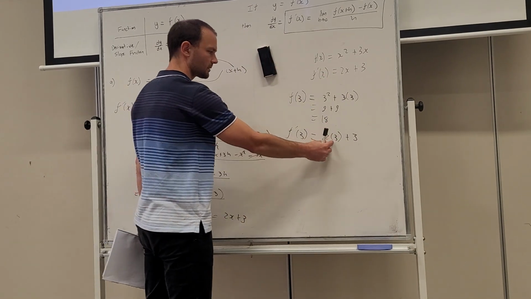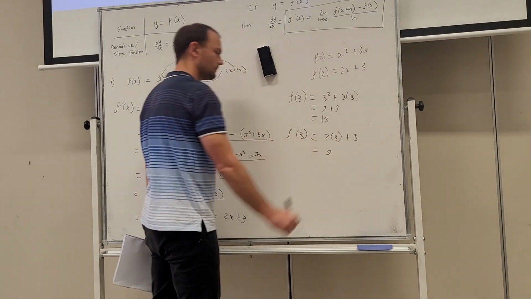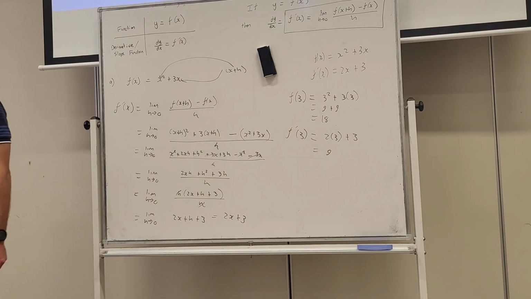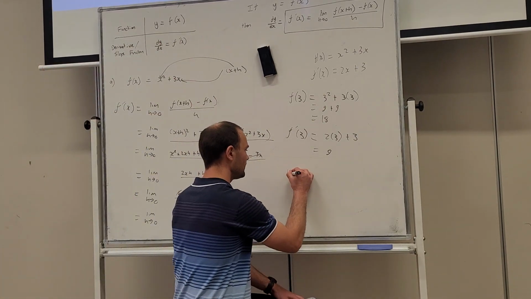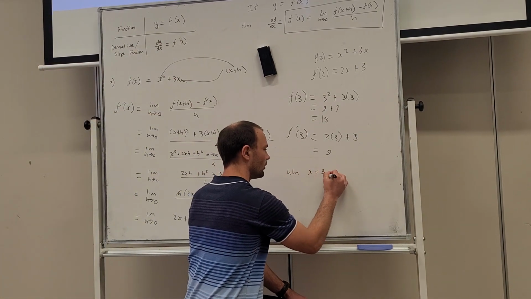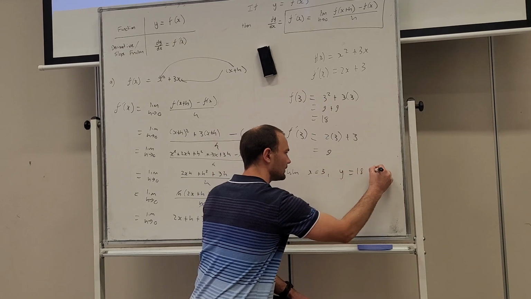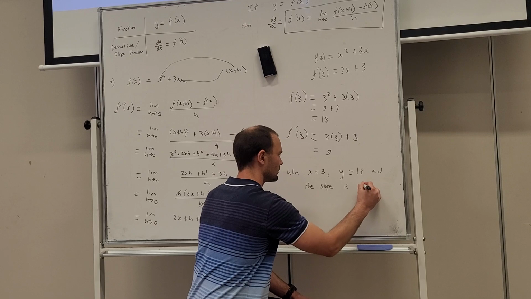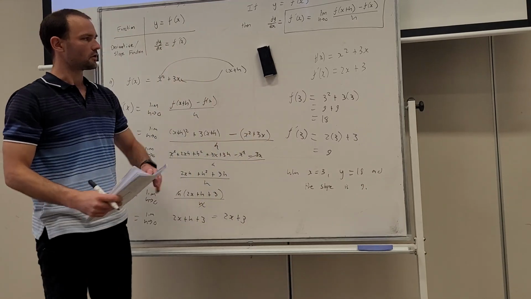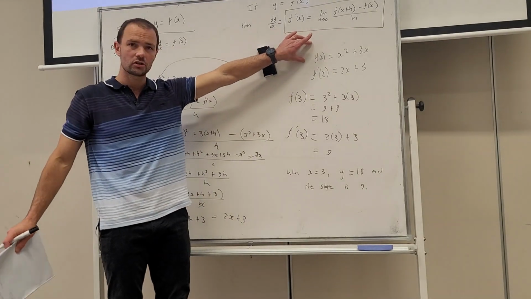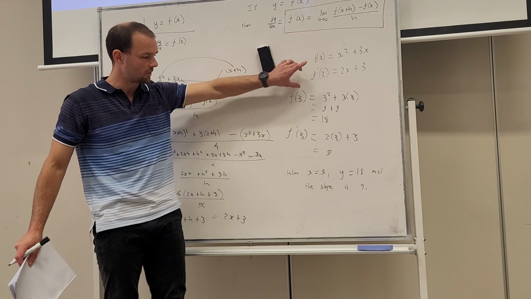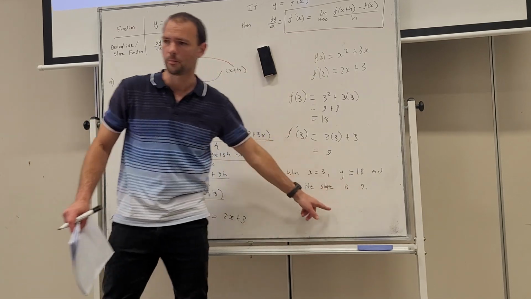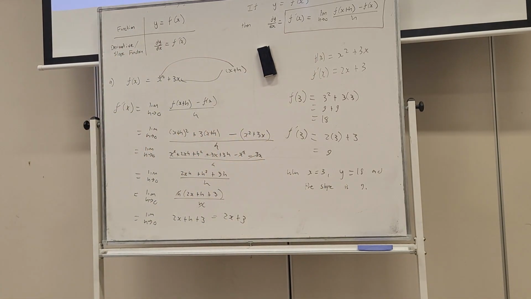So it's going to be 6 plus 3, 9. And so when x is 3, y is 18, and the slope is 9. Okay? So just differentiating, the function tells you the y value, the slope function tells you the slope, how steep it is.